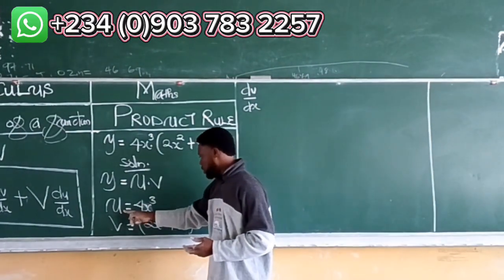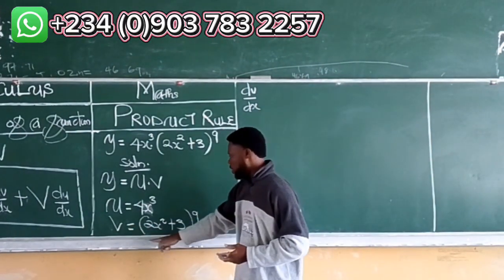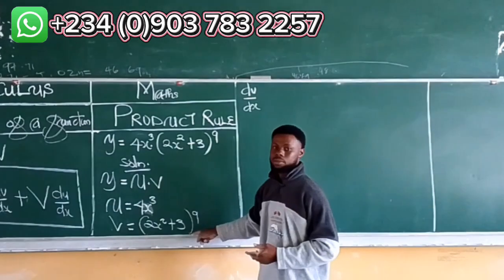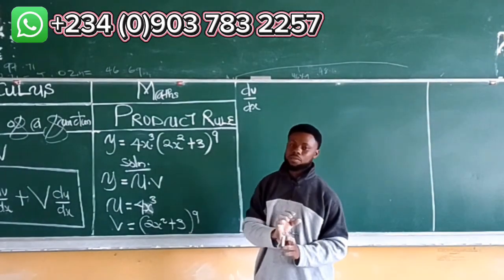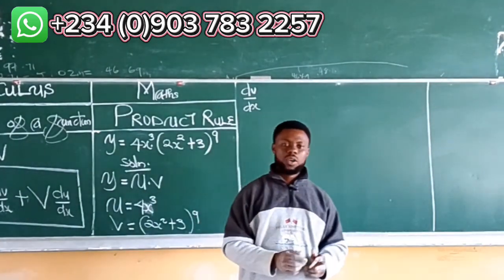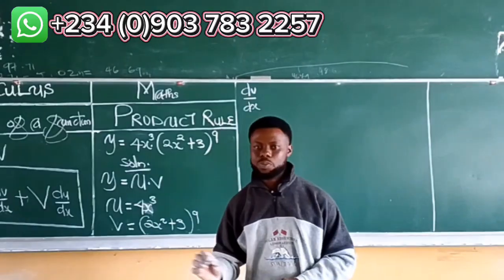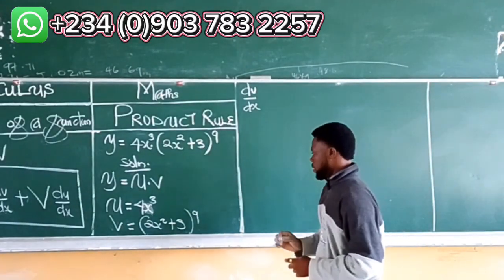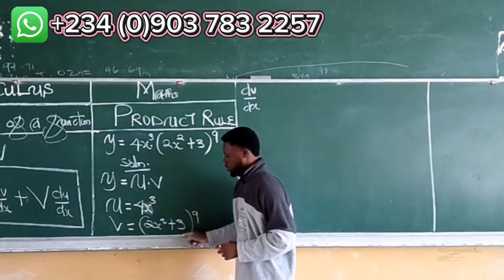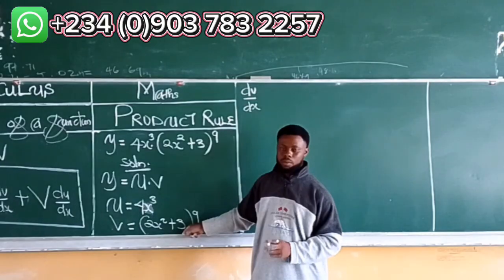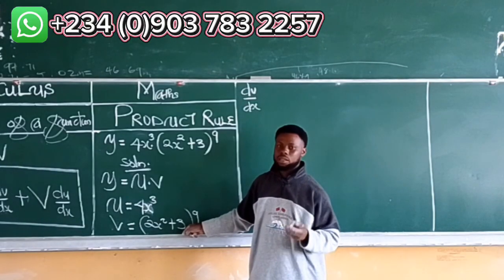So that would be this function, v and x alone. But there's an observation. In this function where v is equal to a bracket raised to the power of 9, we can only achieve the derivative of this function by the method of chain rule.